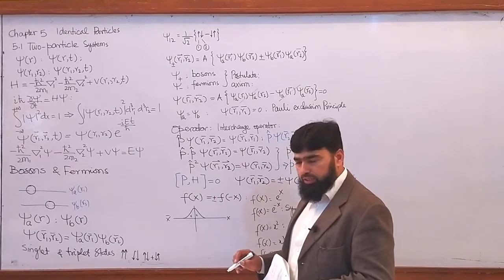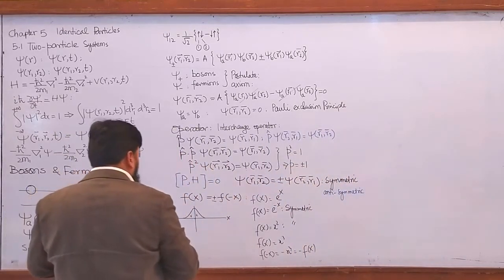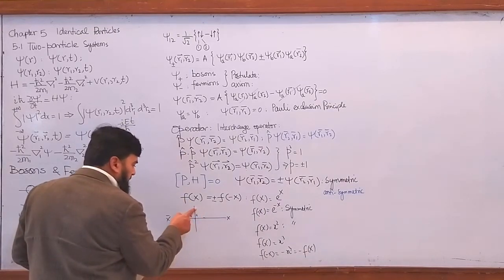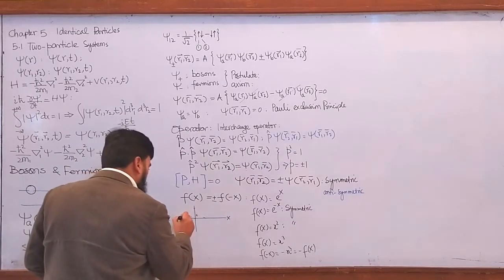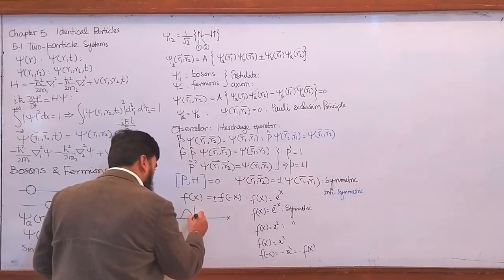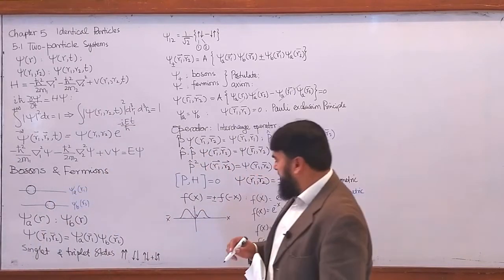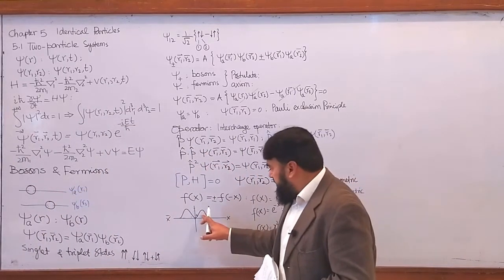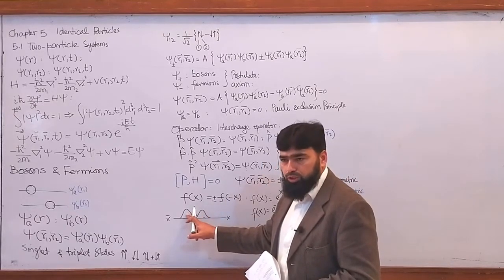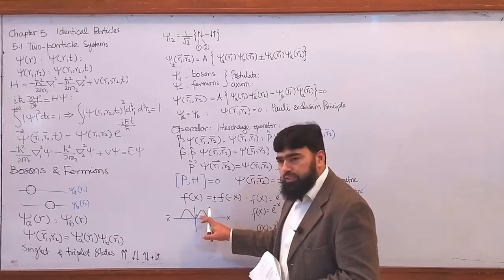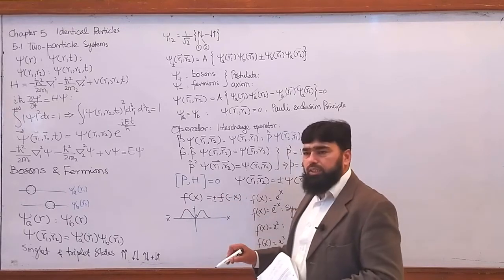This is symmetric. If I consider a distribution like this, here and here, this distribution is the same as this distribution. Whether it is here or here, the y value remains the same.